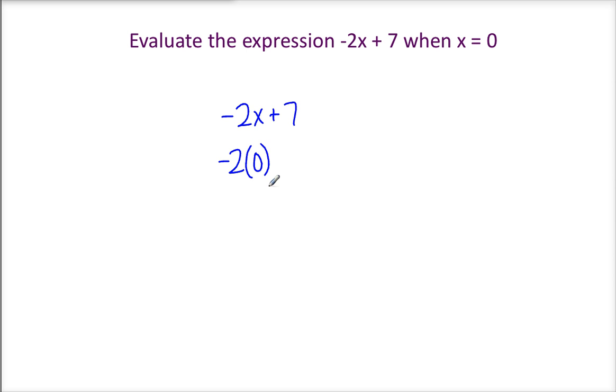So put a 0 in anytime you see an x. Okay, when two numbers are right next to each other like this, it means multiply. So we have negative 2 times 0, that is 0, plus 7. 0 plus 7, hopefully you don't need a calculator for that one, is 7. So that would be my answer. We evaluate this expression for 0 and we get 7.